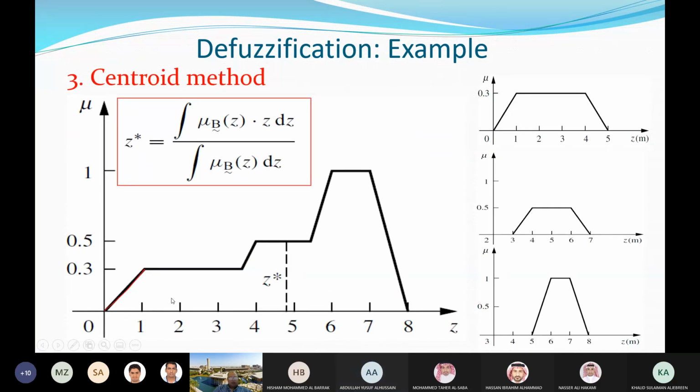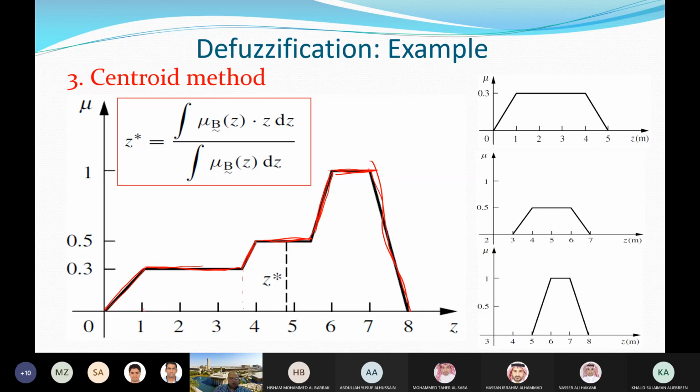For the centroid, you need to find all the equations of these straight lines. This one will be integrated between 0 and 1. This one will be integrated between 1 and 3.5 or 4, whatever.